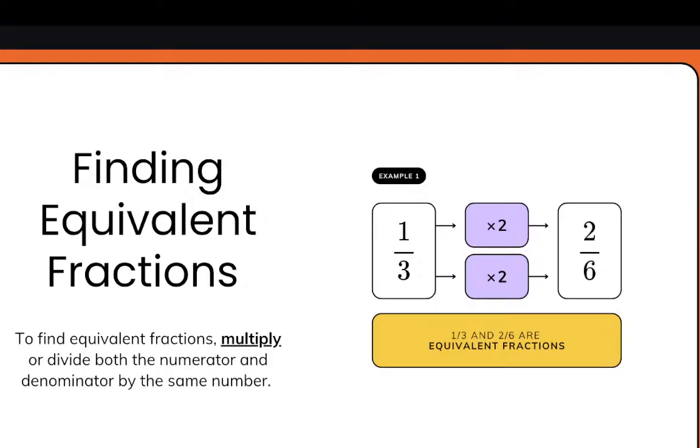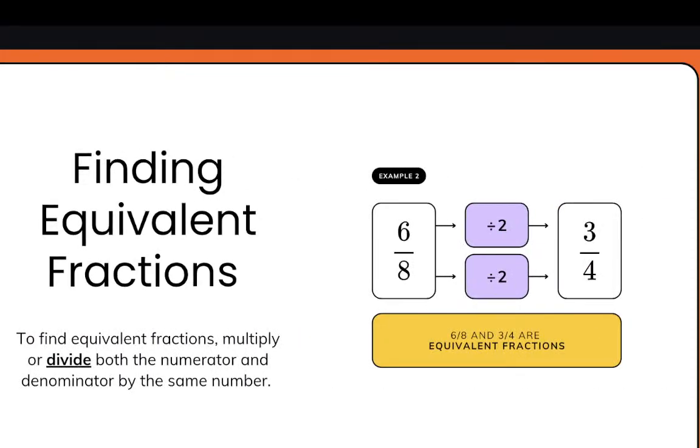So 1/3 equals 2/6. Imagine folding a paper into 3 equal strips. Now fold each strip in half. Now you have 6 pieces. But the amount of paper hasn't changed. You just folded it differently. That is multiplication with fractions.